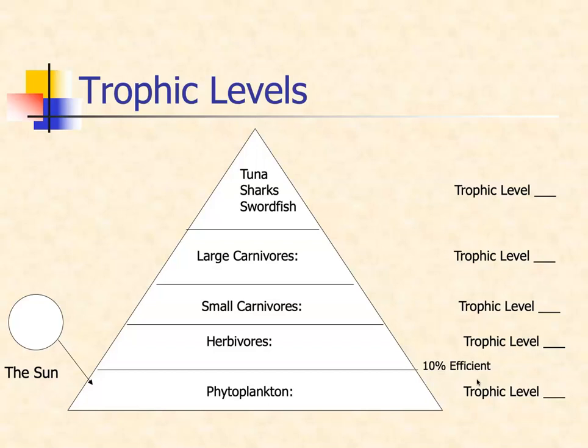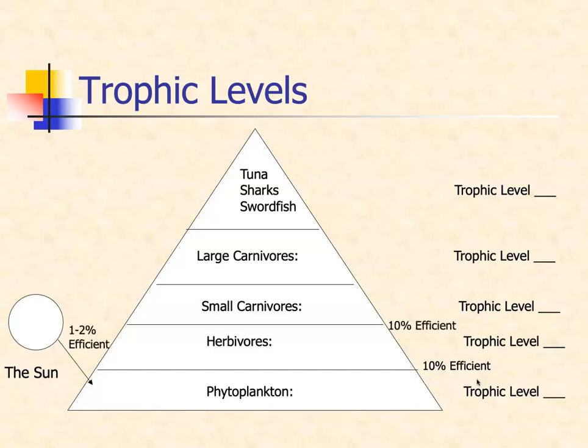And in this pyramid, we have small carnivores, which would be secondary consumers feeding on the herbivores. And then we have large carnivores, which would be tertiary consumers feeding on the smaller carnivores. And in this system, our apex predators, our top-level carnivores, would be tuna, swordfish, and sharks.